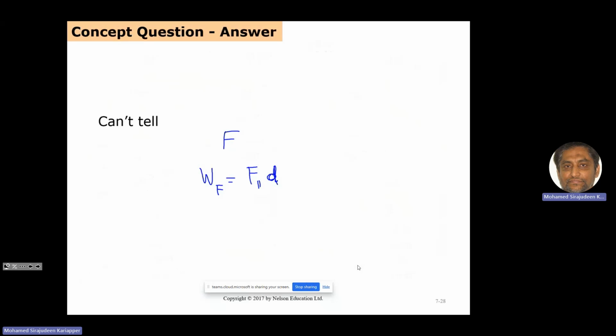If the work done is plus 100 joule, its kinetic energy will increase by the same amount, 100 joule. If the work done by the force is negative 100, then the kinetic energy will decrease by 100 joule.